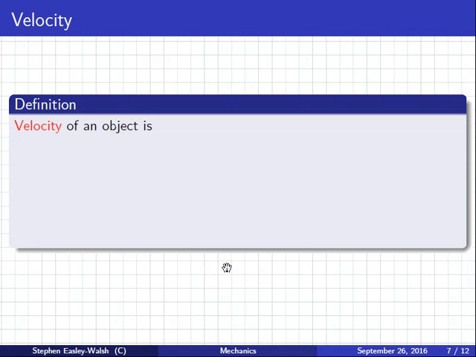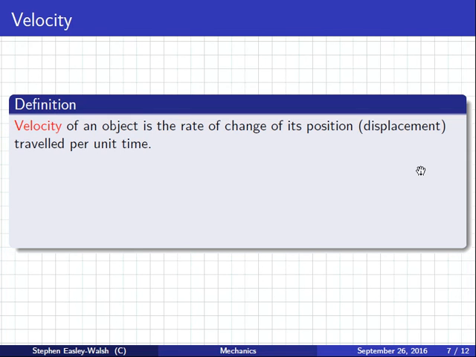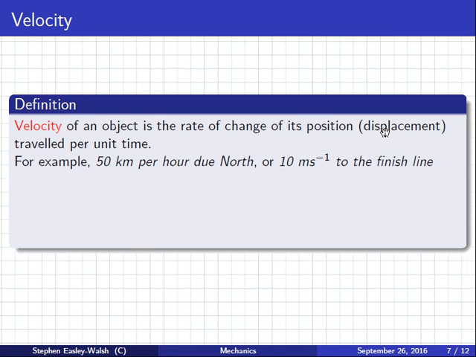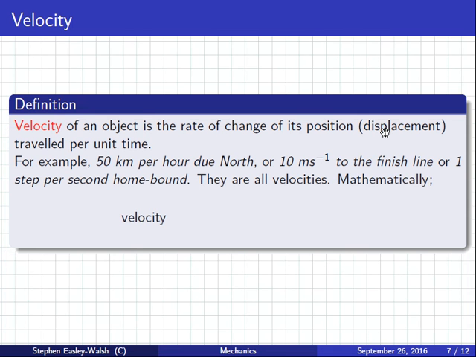So velocity is the change in displacement over time. For example, 50 kilometers per hour due north, or 10 meters per second to the finish line, or 1 step per second to my home. These are all velocities, and as a formula, velocity is change of displacement over time taken.